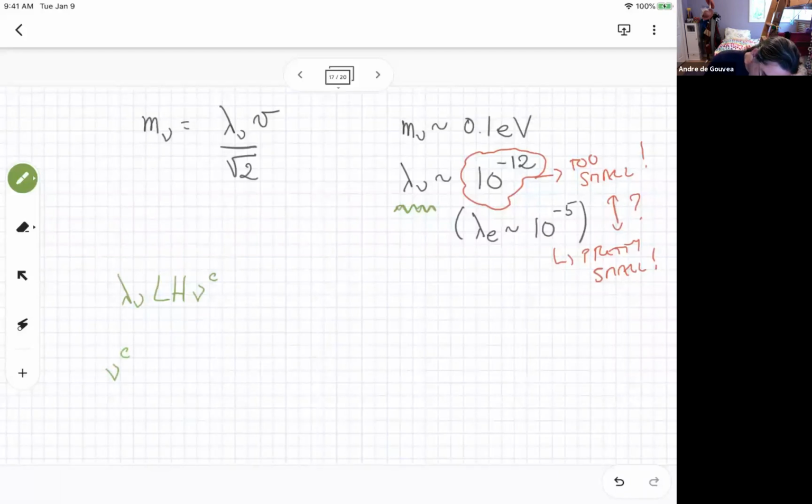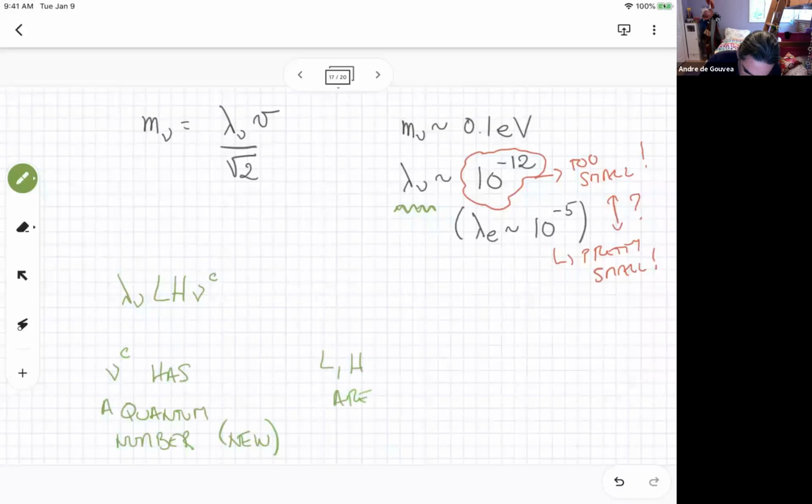So imagine that this has a quantum number that we don't know about. It's a new quantum number, and it's a quantum number such that the L and the H are neutral. If I do that, then this Yukawa coupling is forbidden.